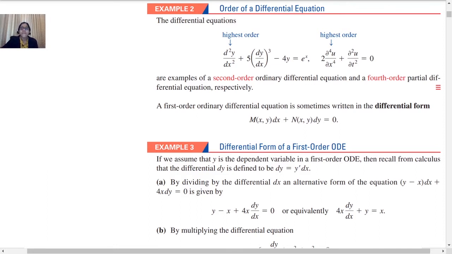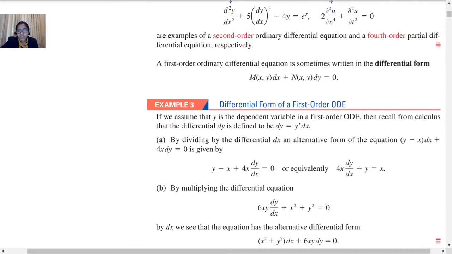Okay. Now if you are given a differential equation of this form, like 6xy into dy by dx plus x square plus y square is equal to 0, if I multiply the whole equation by dx, what do I get? This dx will get cancelled, so I'll get 6xy dy plus (x square plus y square) into dx equal to 0.